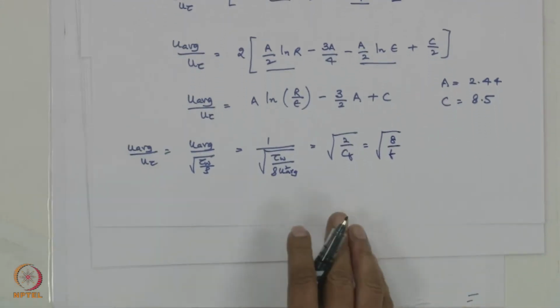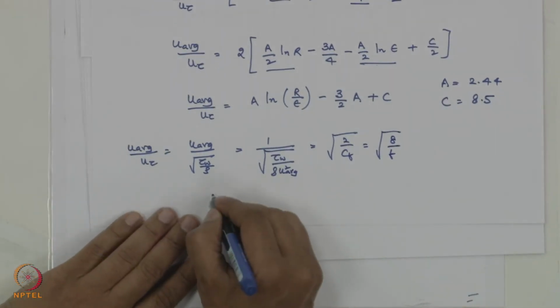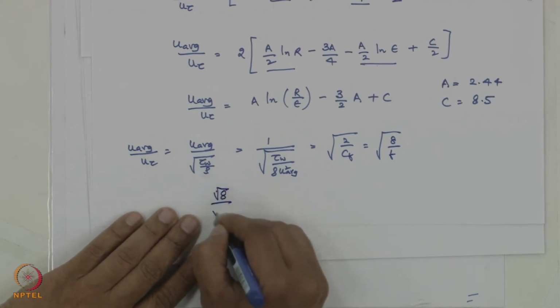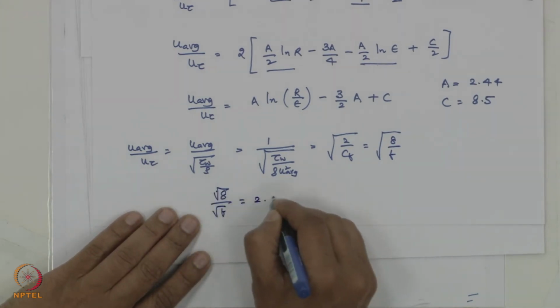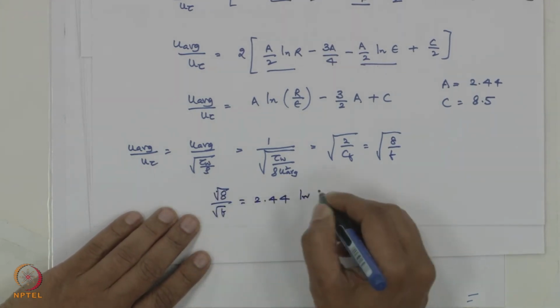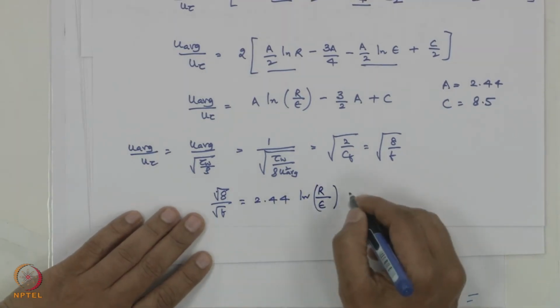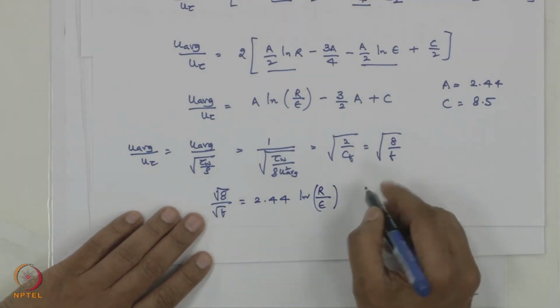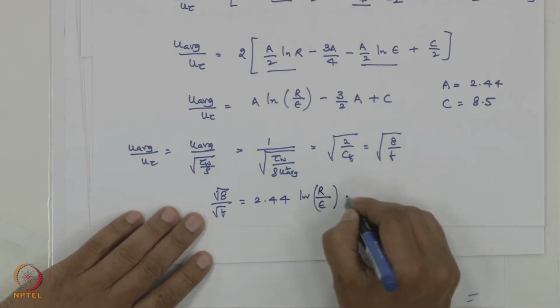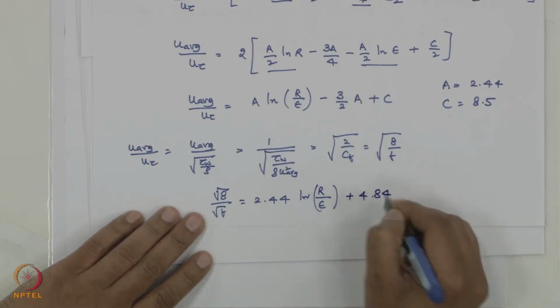This we have done earlier. So this is square root of 8 by square root of f equal to 2.44 log of R by epsilon, and substituting those constants, you are going to get this as 4.84.